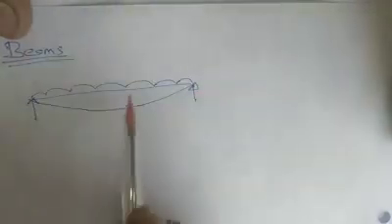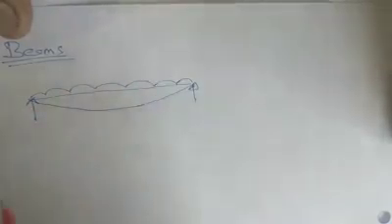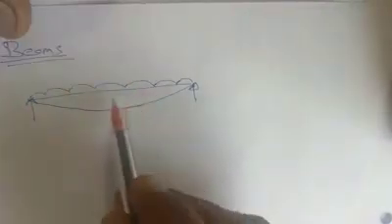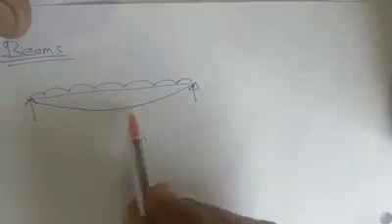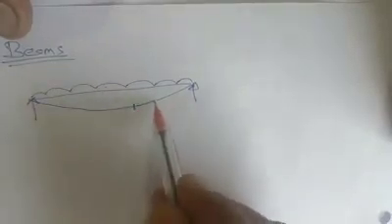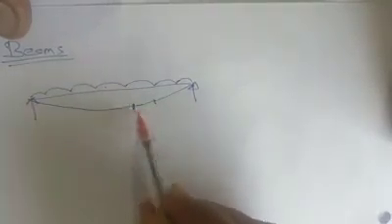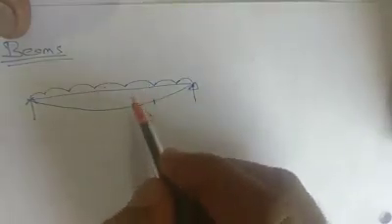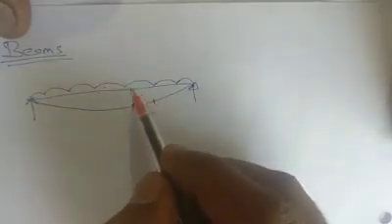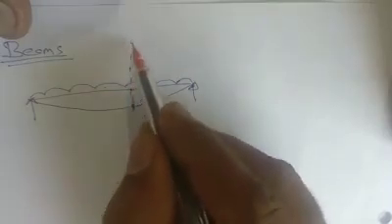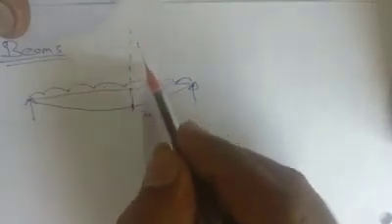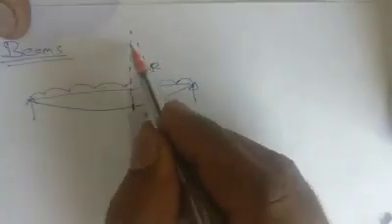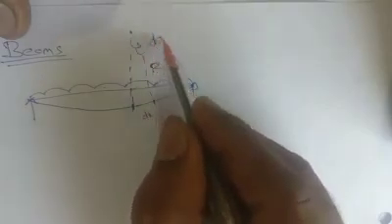Now we need to find the strain energy of this beam. If we take a small amount of this curve, dx, and we draw the radius of curvature, this is the radius of curvature, and this angle is d theta.